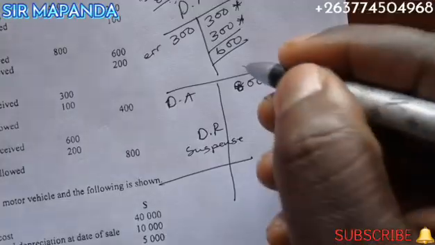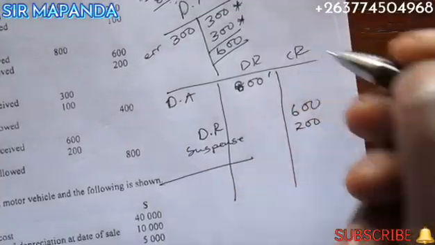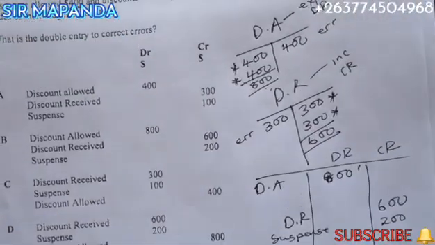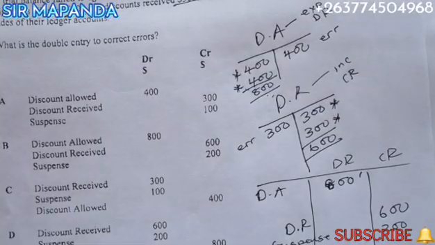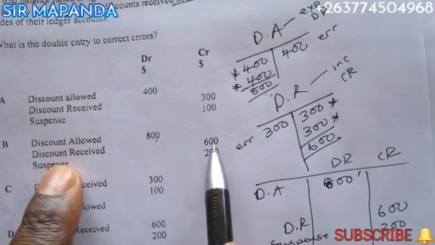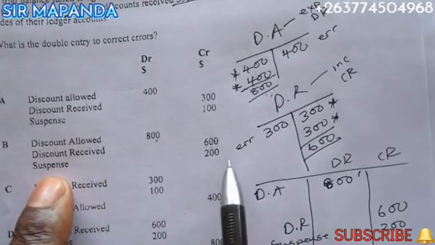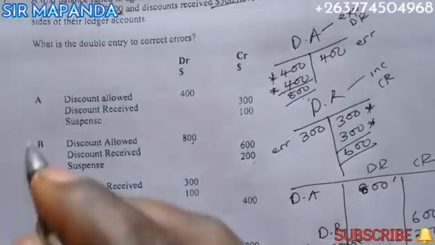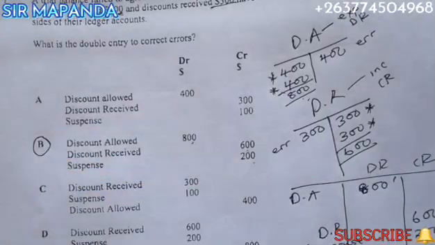So this is how you prepare your journal entry. So let us look at our answers here. Debit discount allowed by 800, credit discount received by 600, and suspense of 200. So it means our option is B. I hope you are following.